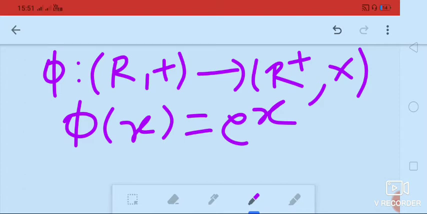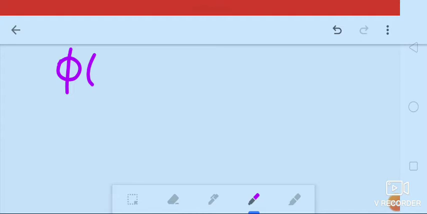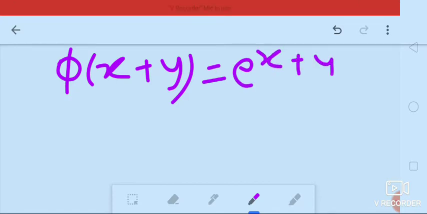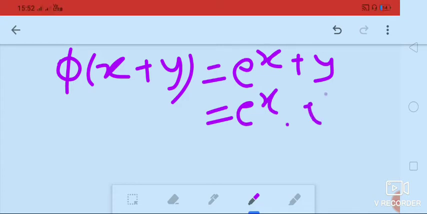So pi of x plus y, where R has the operation plus, is equal to e power x plus y. So this is e power x into e power y, where x and y can be negative or positive.